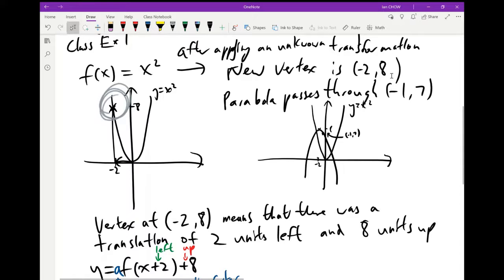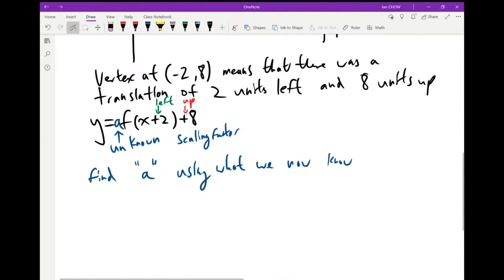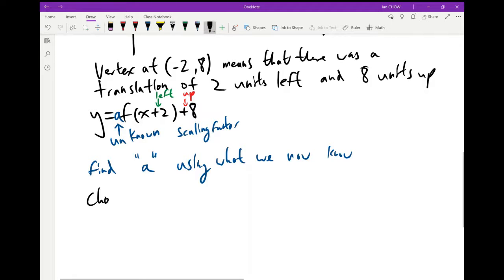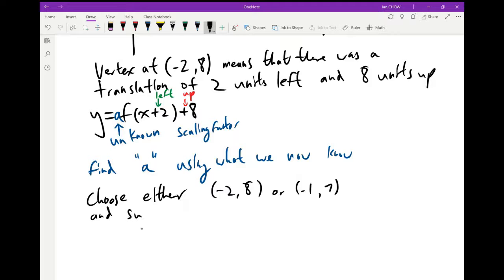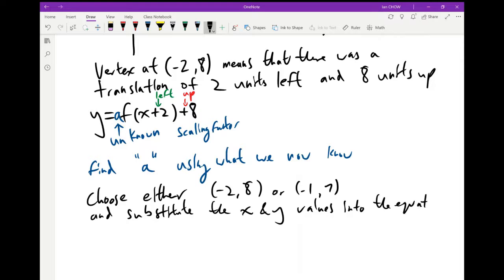We can choose either of these coordinates and substitute the values into x and y in the equation.